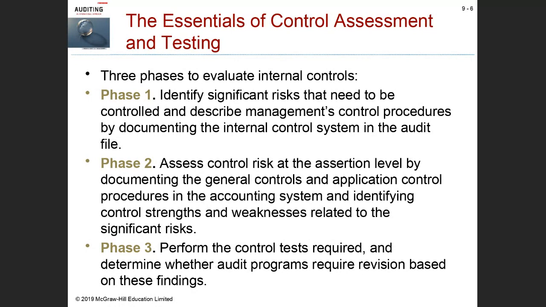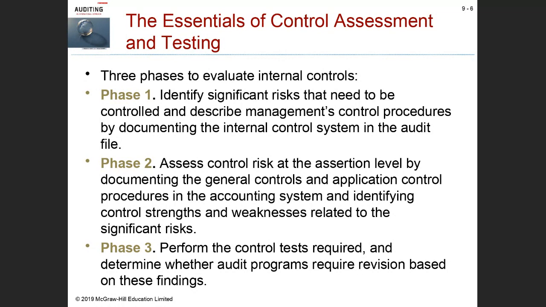Once we test internal controls, phase three, it says at the end, once we test the internal controls, we can determine whether audit programs require revision. By audit programs, what they're talking about is the balance of testing internal control versus doing substantive procedures.